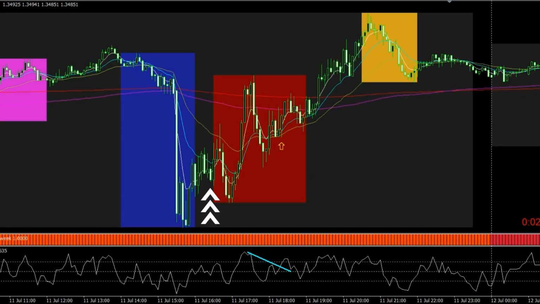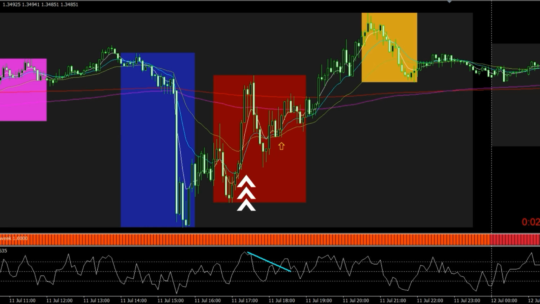Here we see a cross of the 5 and 13 EMAs. However, price retraces and crosses back the other way. Then we see down on the RSI that 2 humps have not been created for price to cross over.